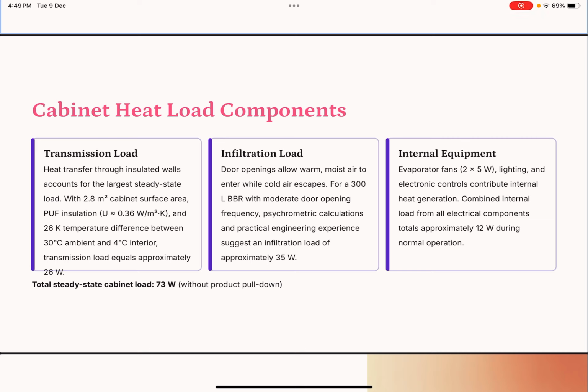The second part, as I said, is the load because of opening the doors, and we need to open the doors for taking out the blood or for keeping the blood inside. So the cold air would escape out and the warm air would enter, and that would increase the load on the refrigeration system.